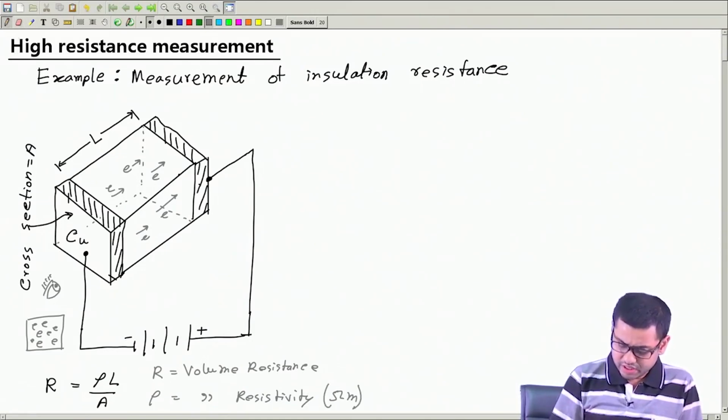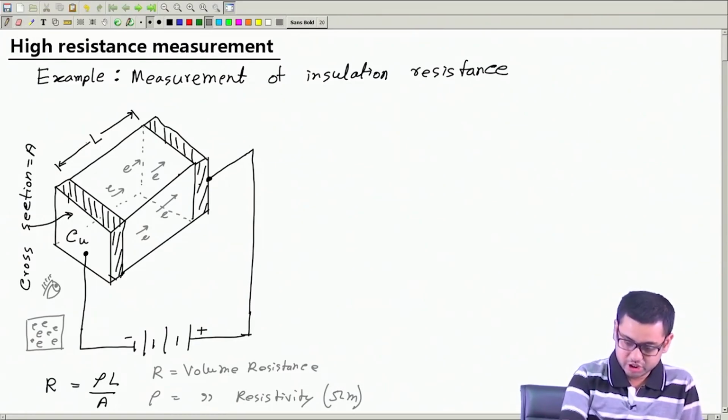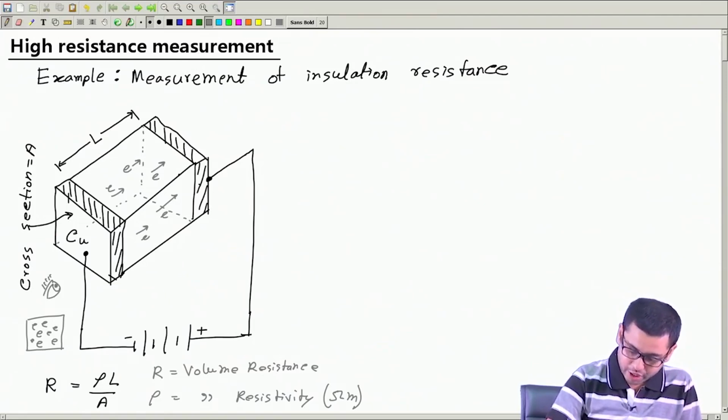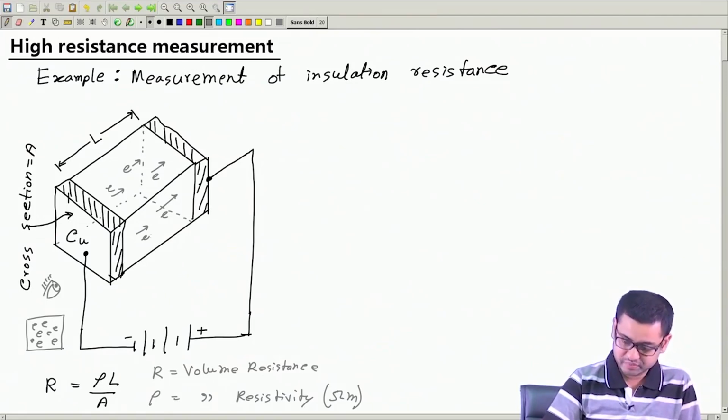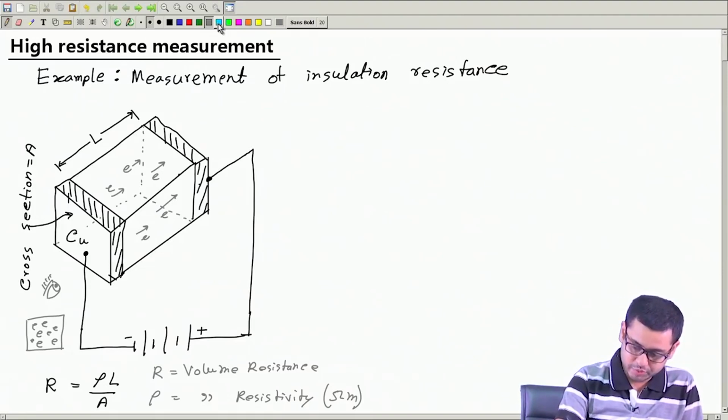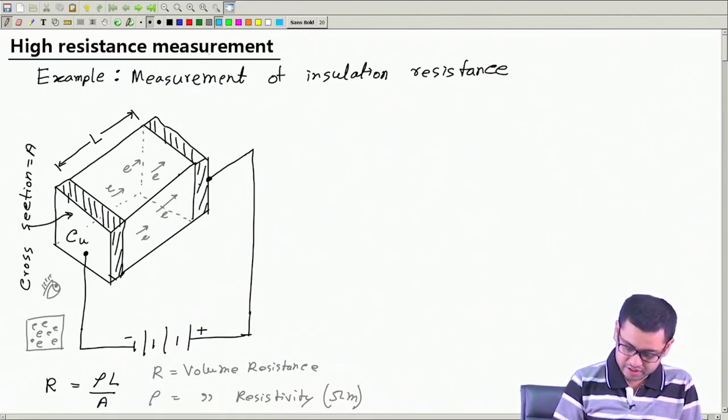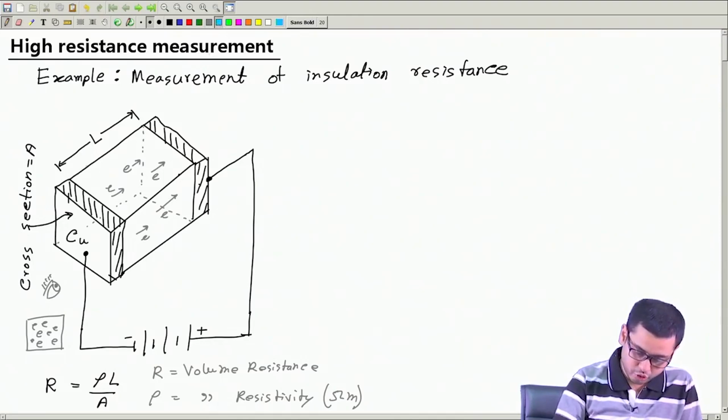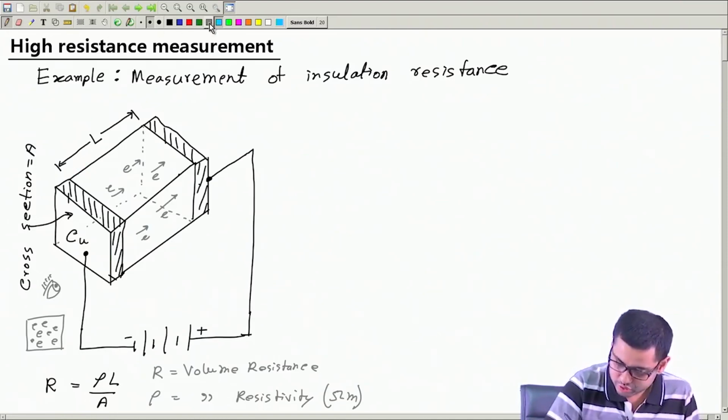Okay. Now, there is also some current which will flow only through the surface of this insulator. Okay. So, there will also be some current or electrons which will flow only through the surface. Okay. So, how do I draw it?